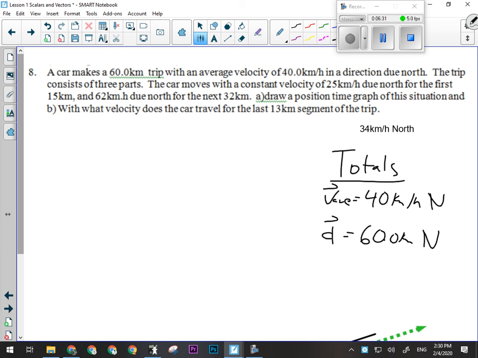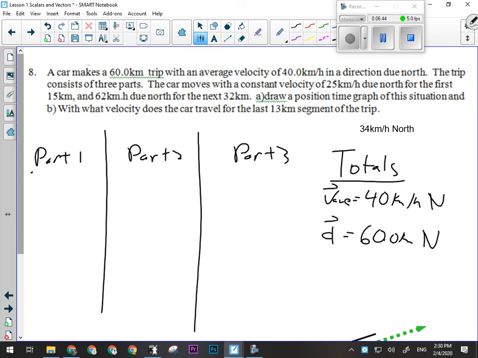Okay, the trip consists of 3 parts. So we're going to have part 1, part 2, and part 3 here. The car moves at a constant velocity of 25 kilometers per hour north in the first part for the first 15 kilometers.